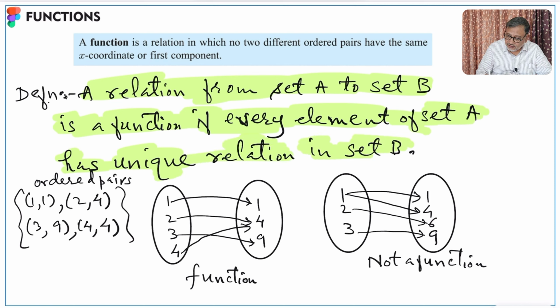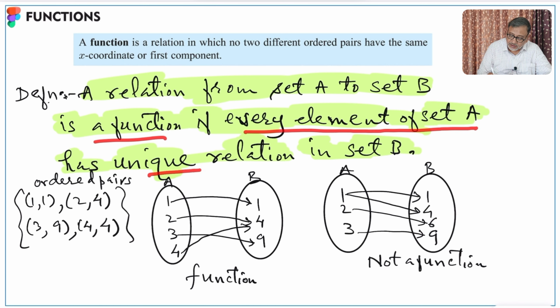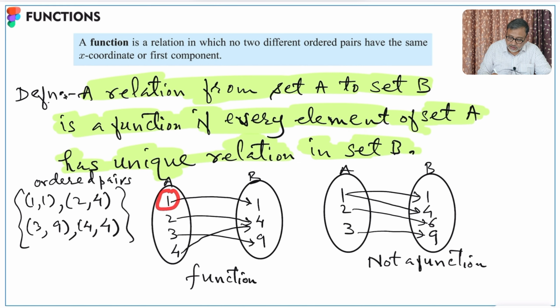The second definition says, look here, a relation from set A, suppose this is set A, this is set B, so a relation from set A to set B is a function if every element of set A has unique relation in set B. The relation should be unique. So here each element has only one association, okay.